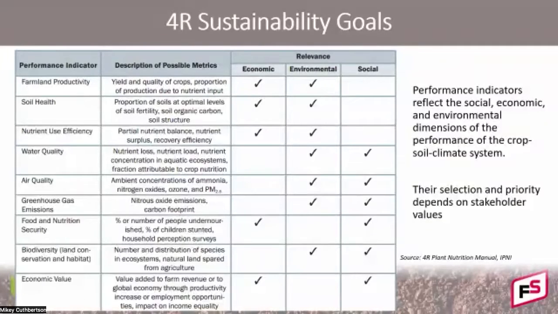And so we can see that they all match up to those sustainability goals. But each of those performance indicators, looking at, say, soil health, the productivity of your farmland, all those 4R type concepts, they're hitting about 2 of those sustainability goals, not all 3. There's not one indicator that is hitting all 3.